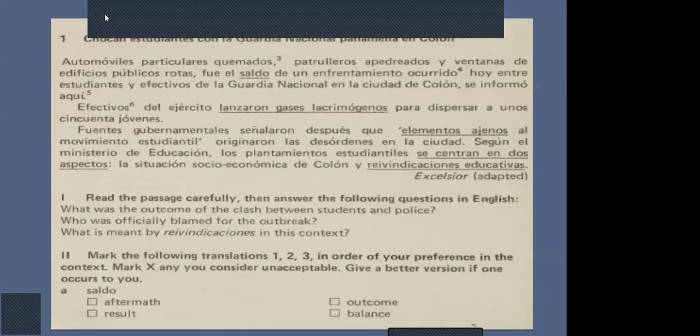So, what was the outcome of the clash between students and police? And by the way, who was officially blamed for the outbreak?